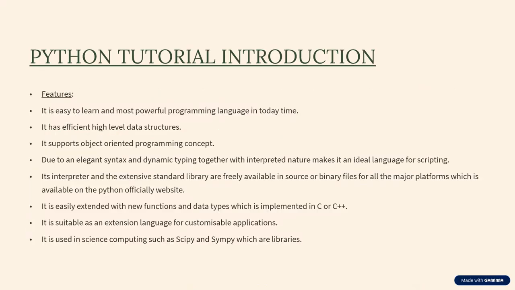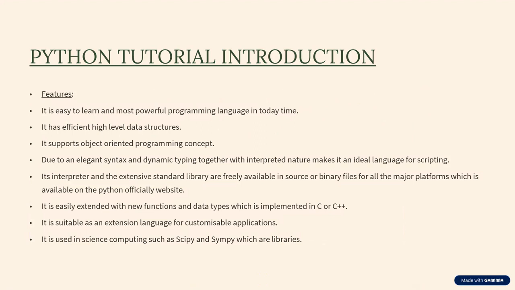Features: it is easy to learn. It has high-level data structures. Once you know the high-level data structures, it is easier to build logic. If you are strong in data structures, it is easier to understand more logic.